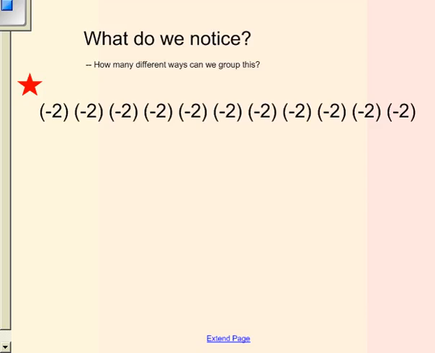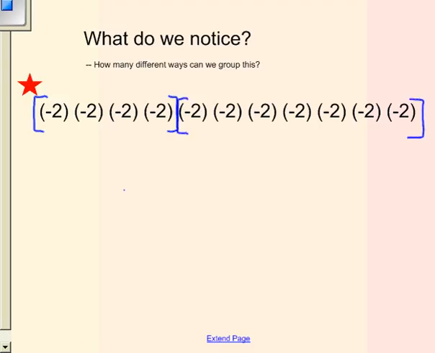On this slide, it was more of another example for the students to try out their ideas versus a teaching moment. So we asked the students, how many different ways can we group this? We asked them, what if we put in brackets here and here? And so then we'd have brackets here and again here.